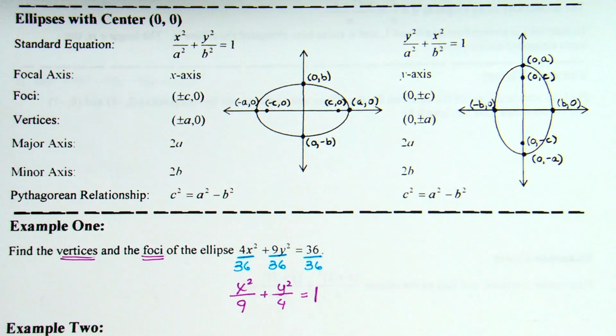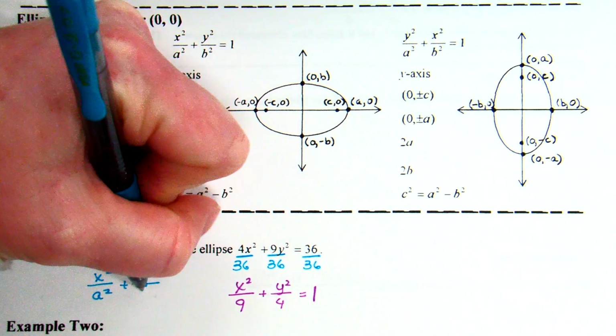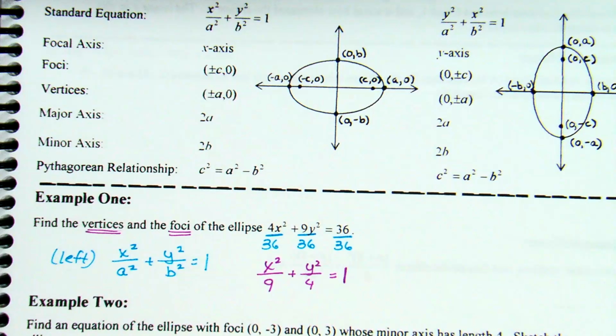Okay, and that's because the bigger number is under x squared. So when we think about this problem, this is x squared over a squared plus y squared over b squared equals 1. This is a left column problem, if you would. Have I sold everybody on why it is the left column?